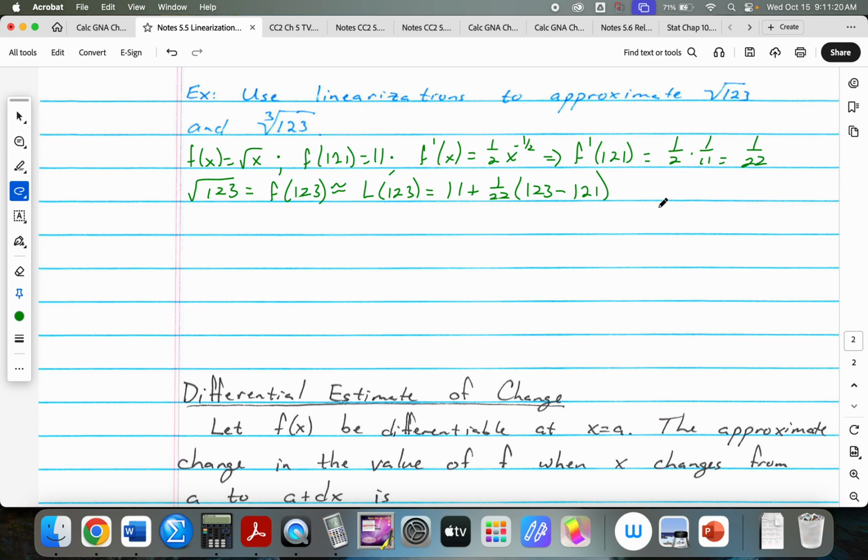Yeah. No, something's... Sorry. So L of x should be... we centered it at 121. That's right. So it's 11 and 1/11.